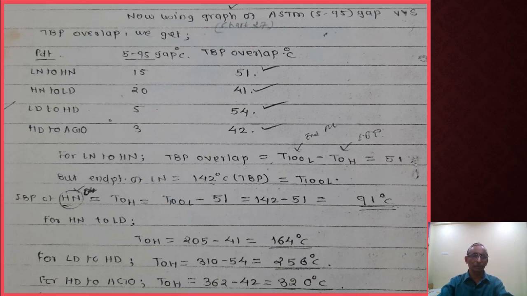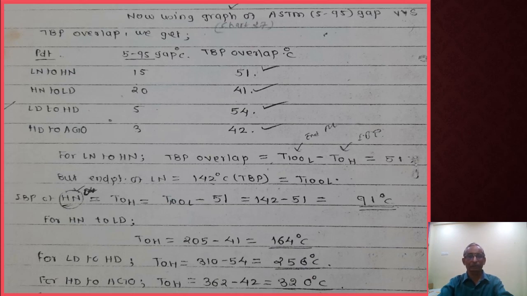This first calculation is for light naphtha to heavy naphtha. Now we have the information for light naphtha to heavy naphtha, that is the 5-95 gap and TBP overlap. On the chart it is mentioned, TBP overlap is nothing but T100L minus T0H.